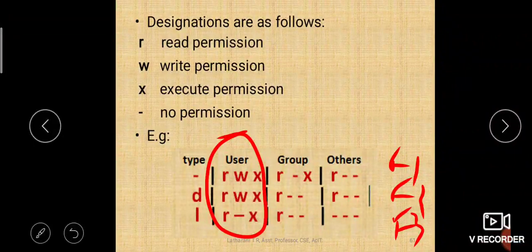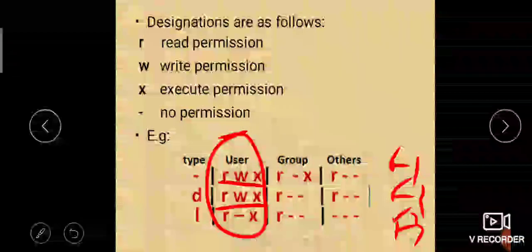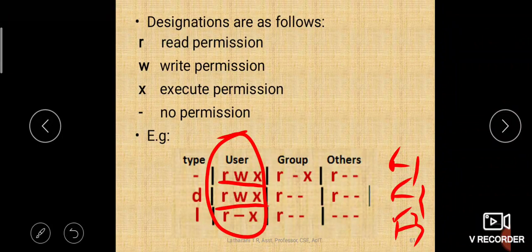So for f1 file, user has read, write and execute permission. F2 file, user has read, write and execute permission, and F3 file, user has read and execute permission, write permission is not there. Okay, that is how we represent.